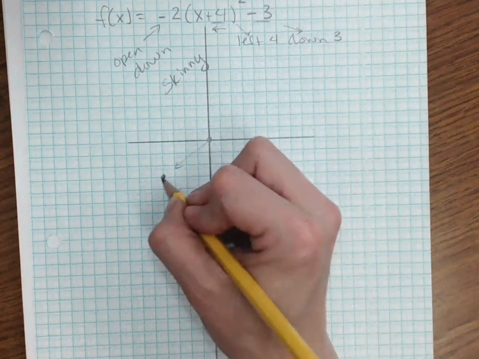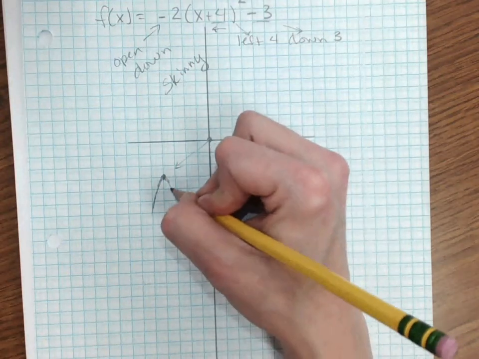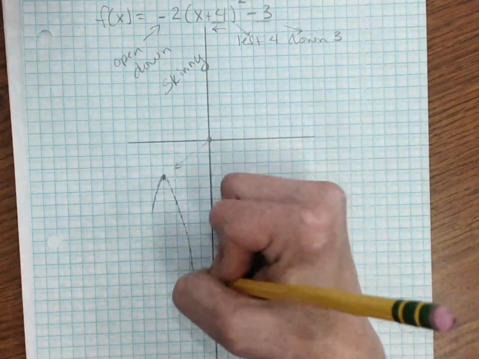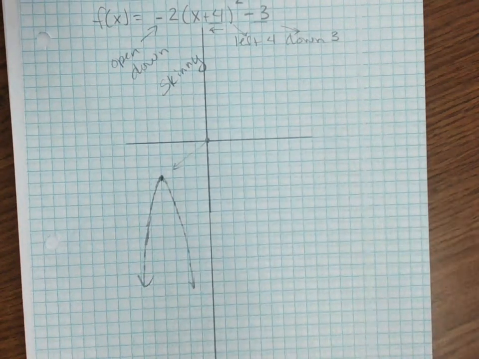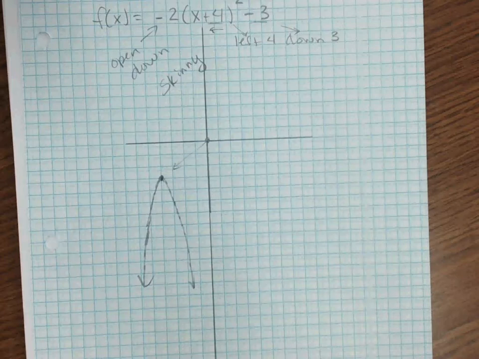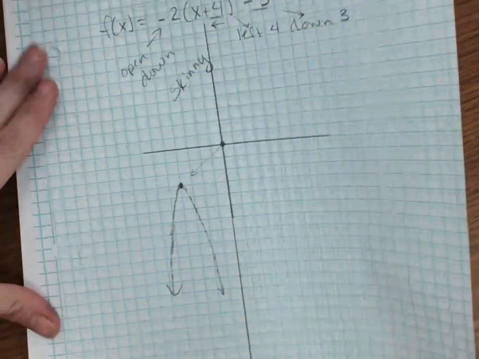Okay? So because it's skinnier than a regular quadratic, we're going to be going down at twice the rate. And when we're graphing using the transformations, we don't necessarily care all that much about the whole shape of it. We're just going to try to get a general idea. So let's look at another one.